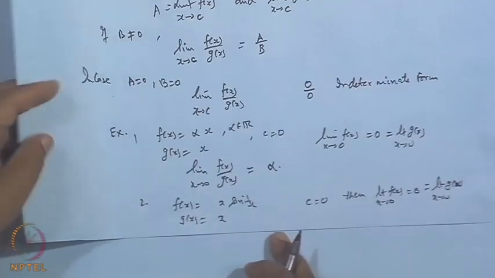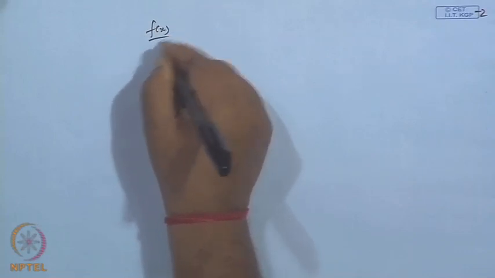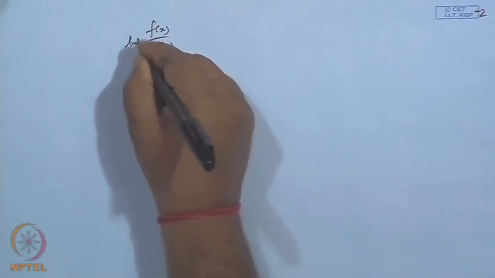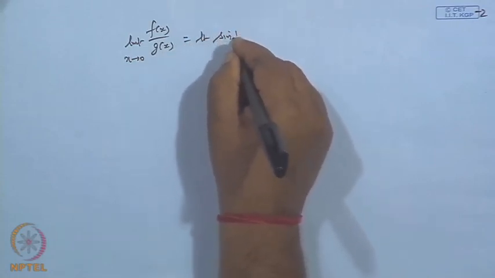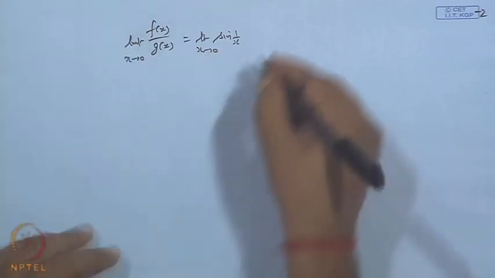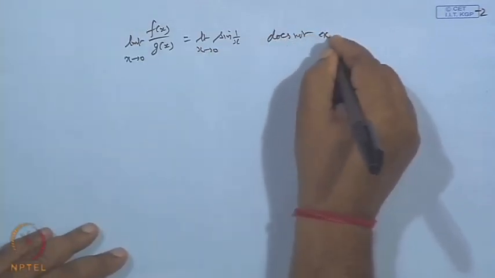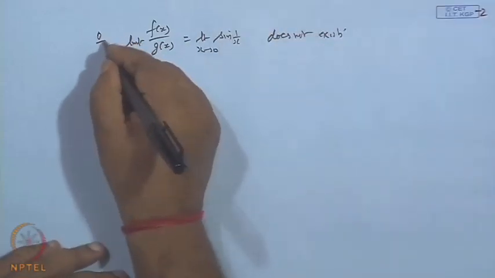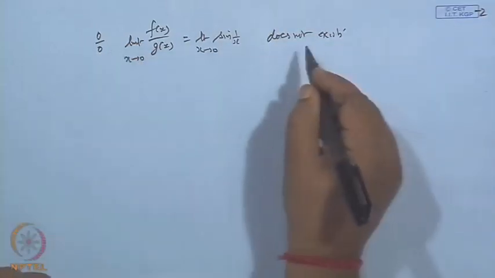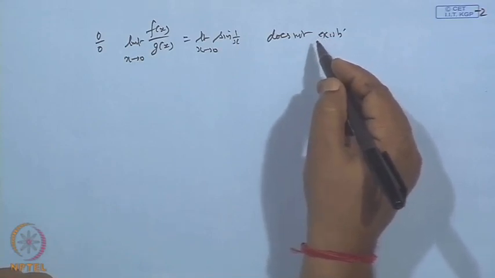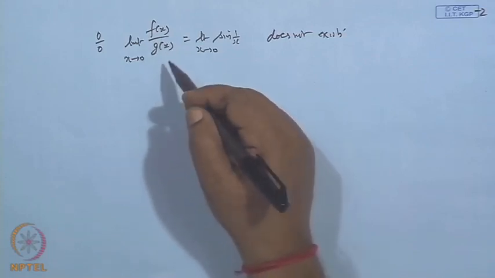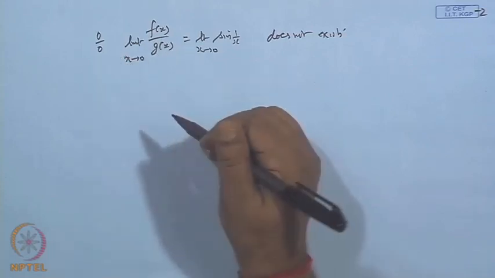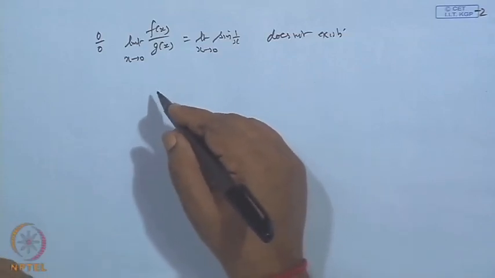But when you take the limit of f(x) by g(x) as x tends to 0, it comes out to be the limit of sin(1 by x) as x tends to 0, which does not exist. So in the initial form it is 0 over 0 form, but the limit does not exist. That is why, to evaluate such cases, to find the limit of f(x) by g(x) when it amounts to 0 over 0, we require some rules, and that is given by L'Hospital.